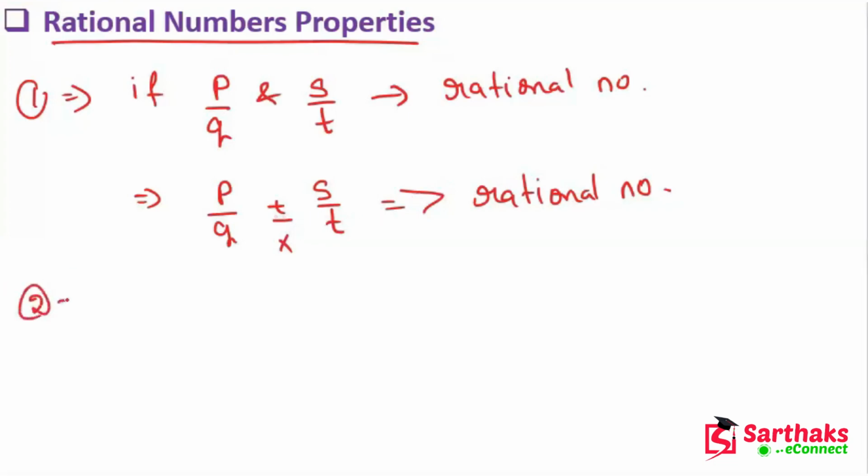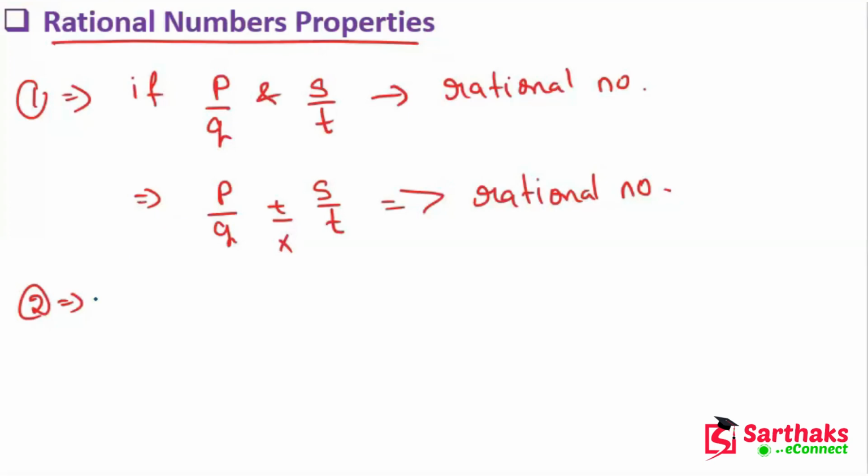Now the second property is, my dear friends, a rational number remains the same if we divide or multiply both the numerator and denominator by the same factor.